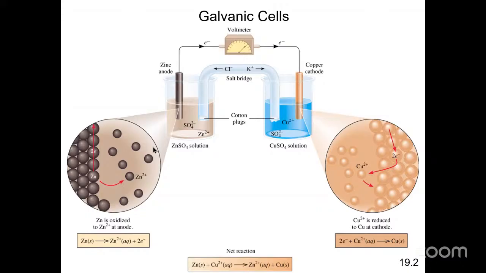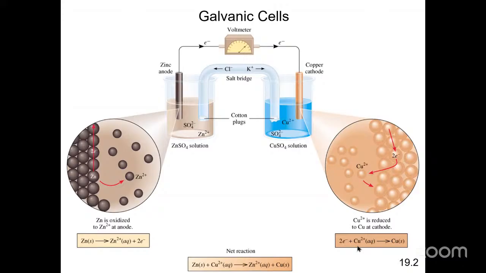Where are the electrons going to? As I said before, they're going to the copper, but they don't just enter the metal right here. The electrons enter the metal, then leave it and add to the copper 2 plus ions in the aqueous solution.